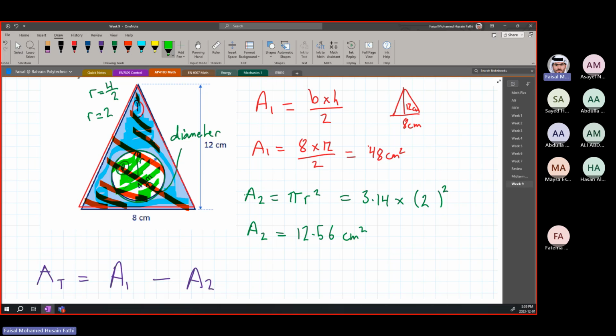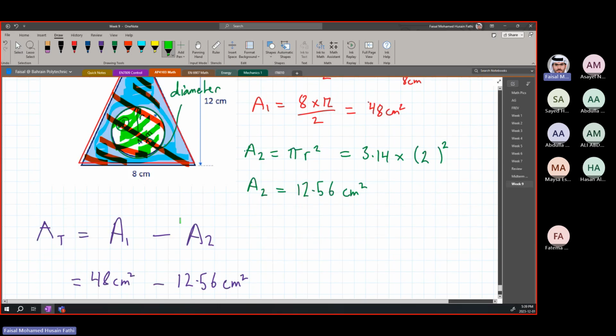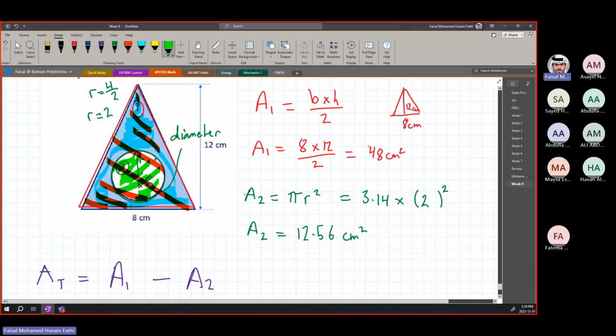Then when we remove that part, only the blue will be remaining outside. That's the idea. Okay? So the idea is to remove the hole inside it. We find the full triangle, and then as if we cut a hole inside, we find out what the size of this hole is, and we subtract the area of that hole from the main one. That's why we are subtracting. We are removing a part of this triangle.